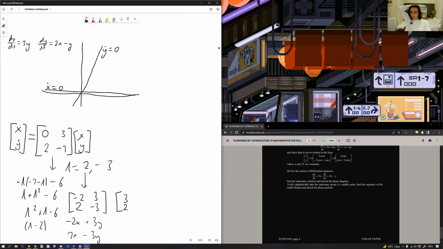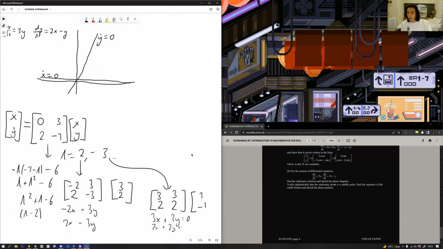For negative 3, you get positive 3, so you've got 3, 3, 2, 2. The eigenvector is just 1, negative 1, because you've got 3x plus 3y equals 0, and 2x plus 2y equals 0. Does that make sense? Just tell me if I'm not making sense, because I just need to know. So we have that there.